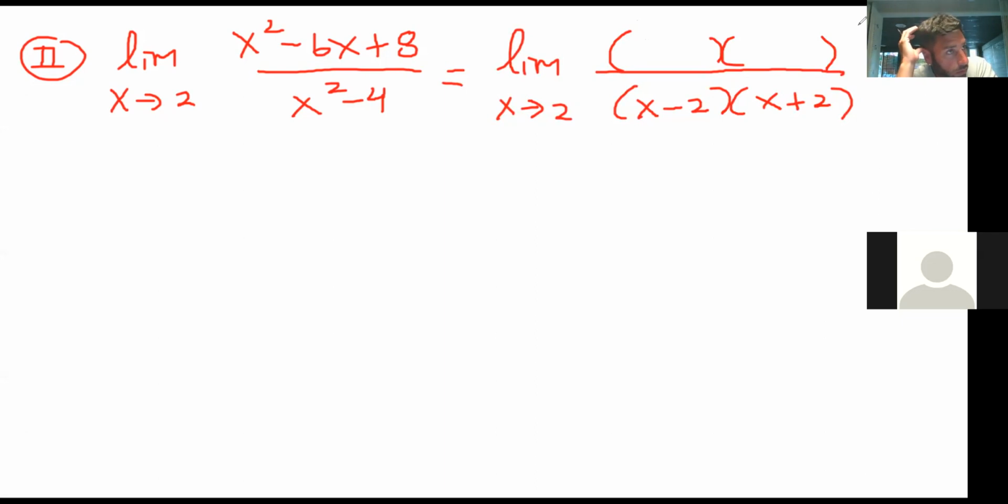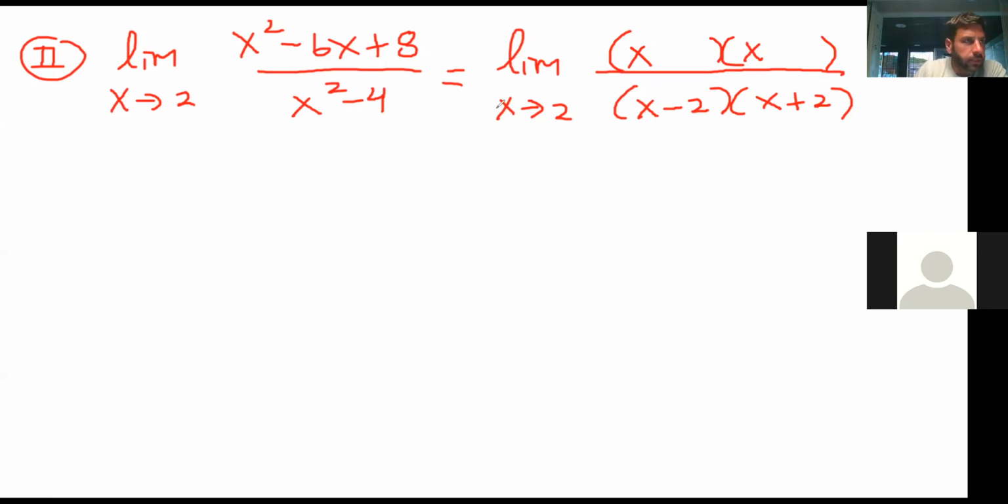So with a little bit of trial and error, maybe you're good at factoring. What you'll recognize is that this factors into this. I hit the wrong button. Hold on a second. Wrote that wrong. Let me do it the other way.